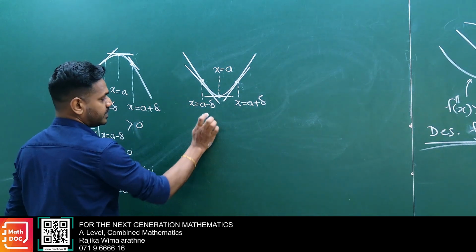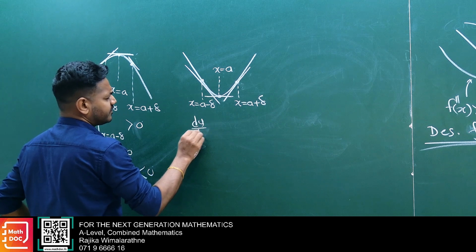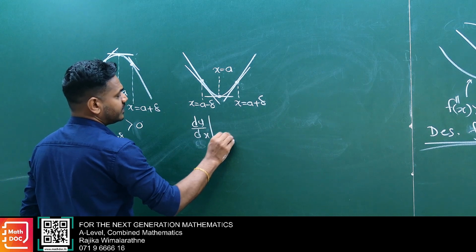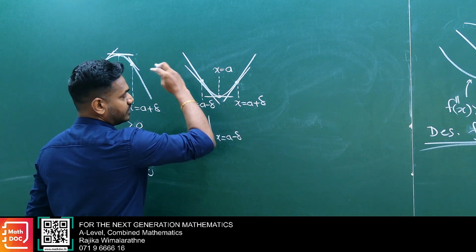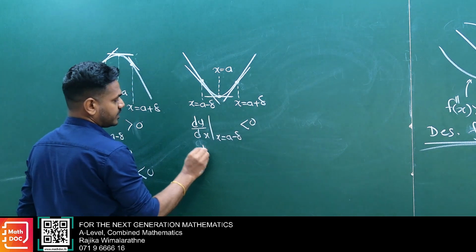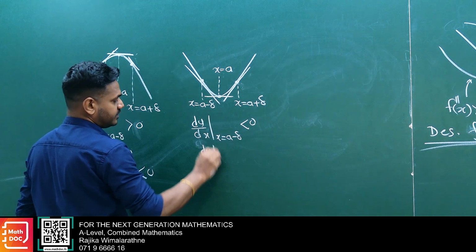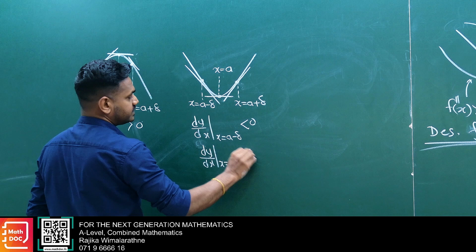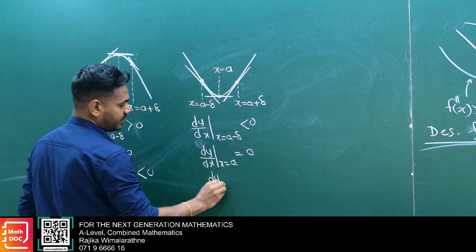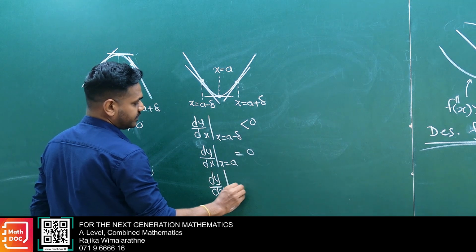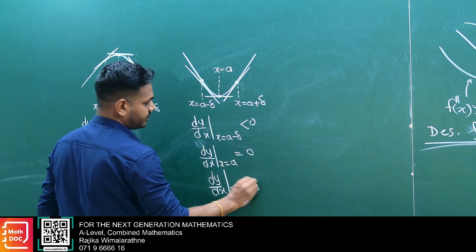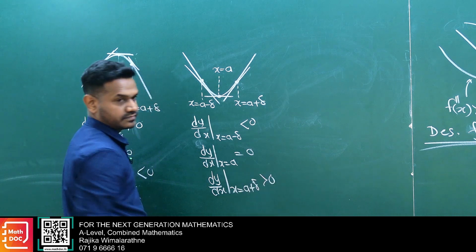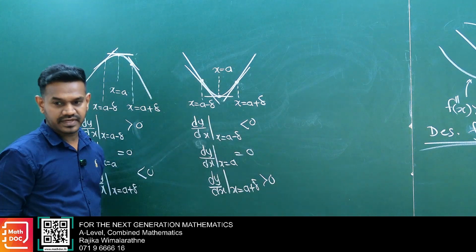Therefore, dy by dx at x equal a minus delta negative. Then dy by dx at x equal a, 0. Then dy by dx at x equals a plus delta positive, no? A plus delta positive. Delta means very small value.